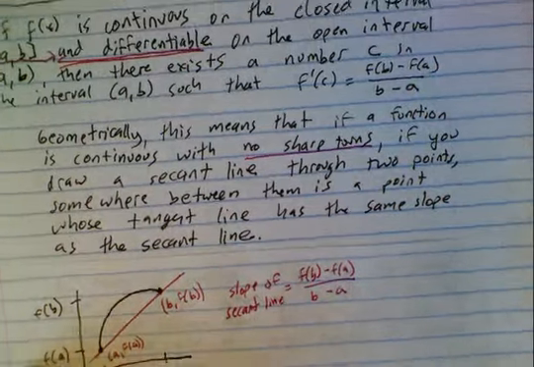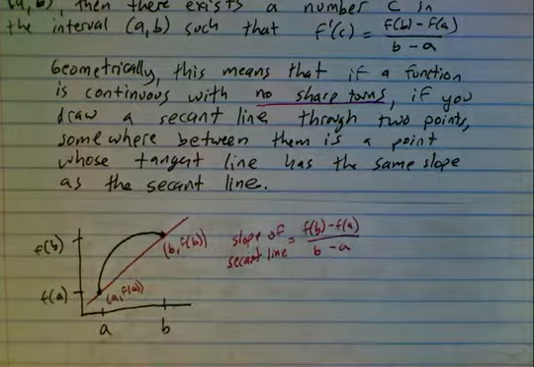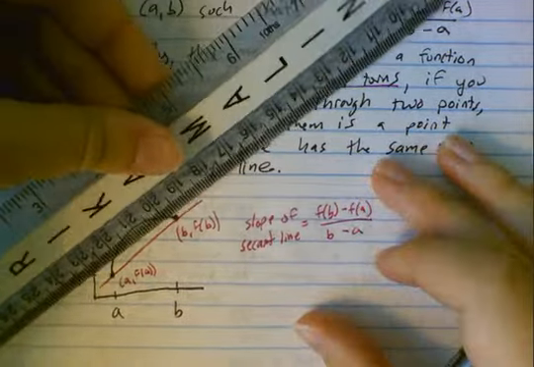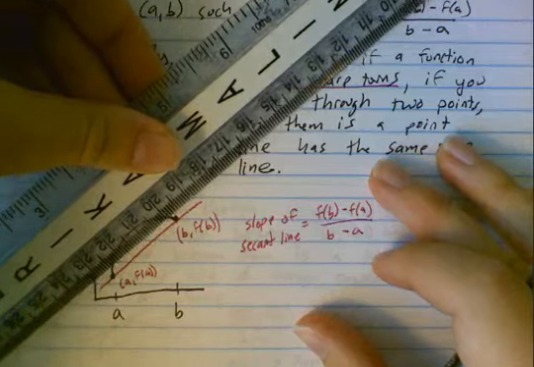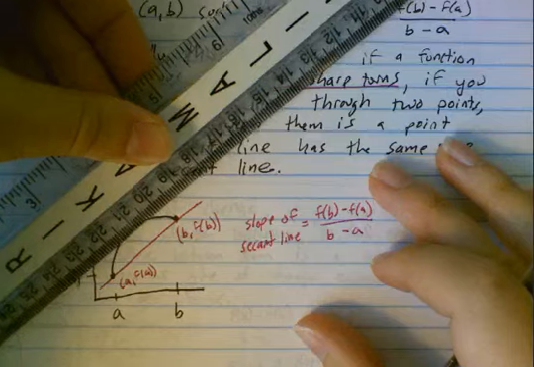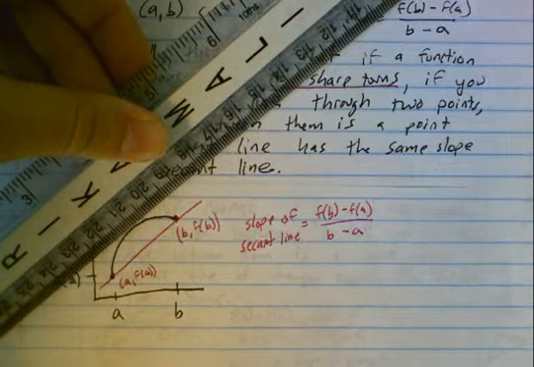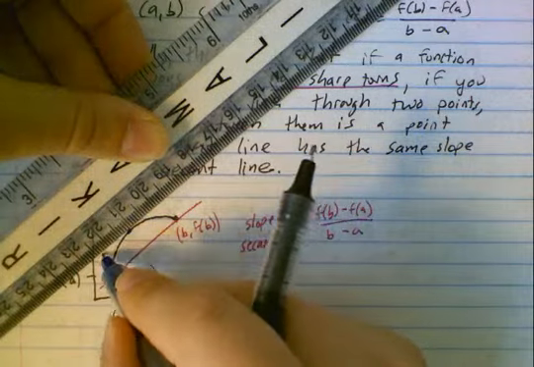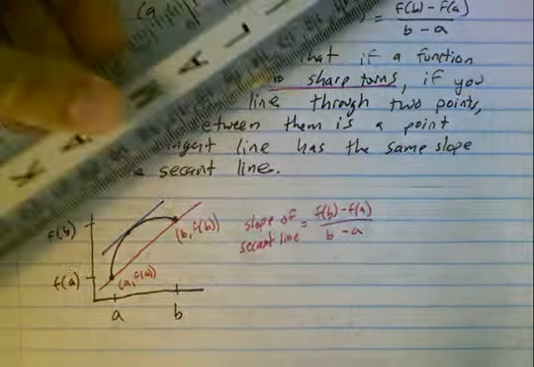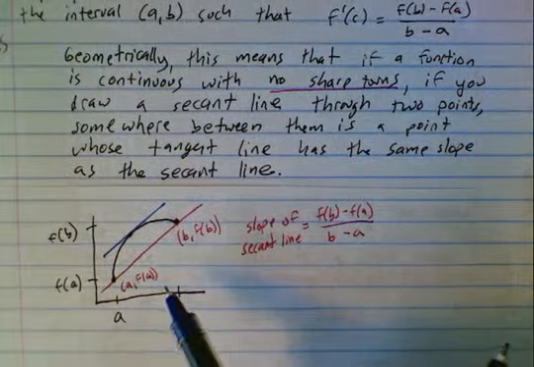Now let's imagine that we just took that and we just moved it up here. At some point, we're going to reach a point right here, let's say, where the slope of the tangent line right there is parallel to the slope of the secant line.